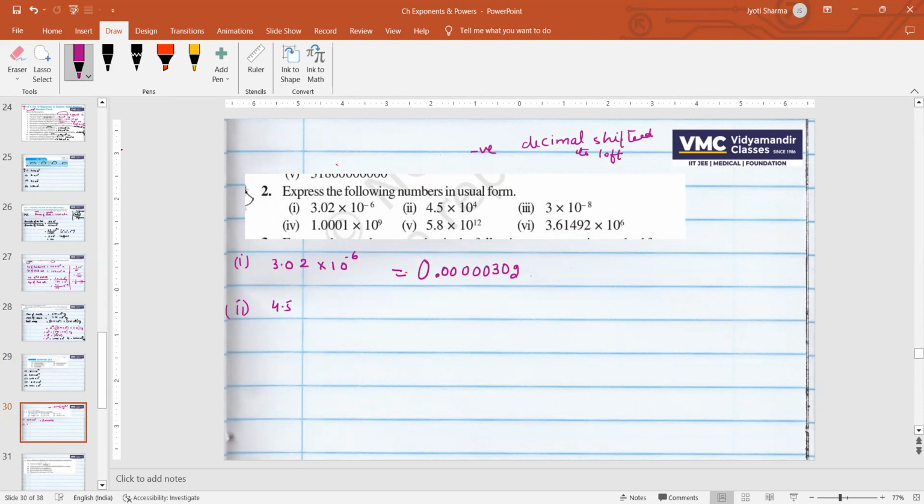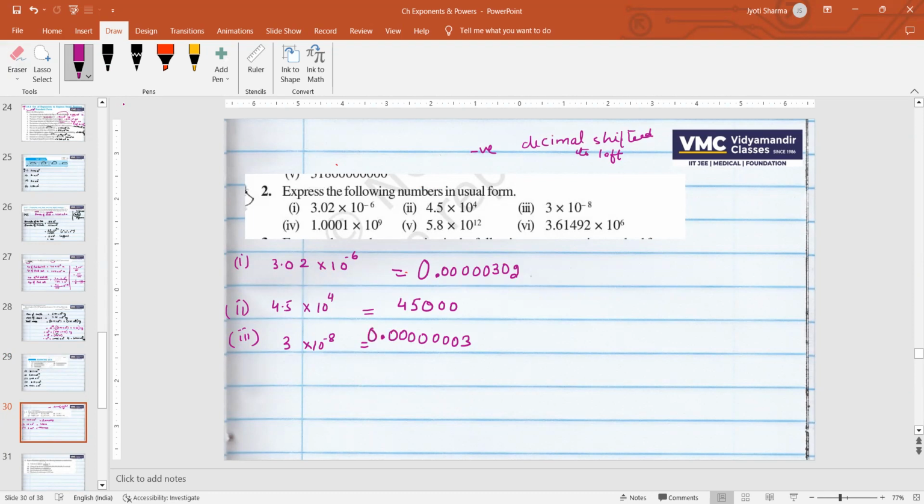Second part, 4.5 into 10 to the power 4. I said it will move to the right because it's not negative. So 4.5 will become 45. In 4 places it has 1, so 3 zeros. 3 into 10 to the power minus 8. This is 3. And because it is moving to the left, so 1 place, 2, 3, 4, 5, 6, 7, 8.